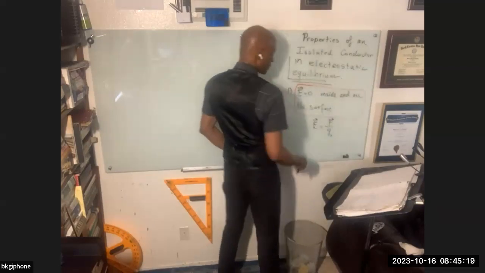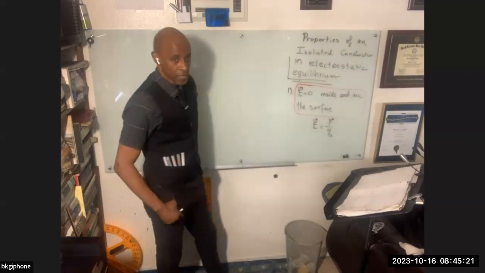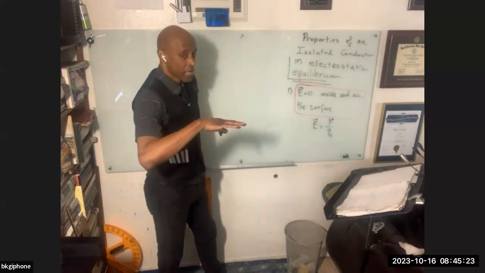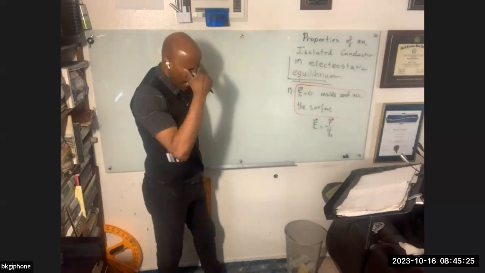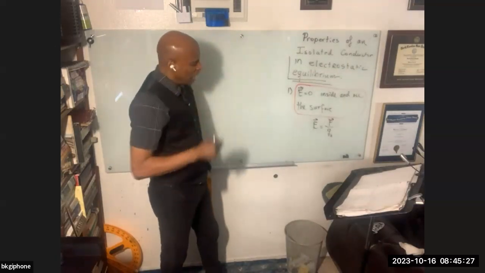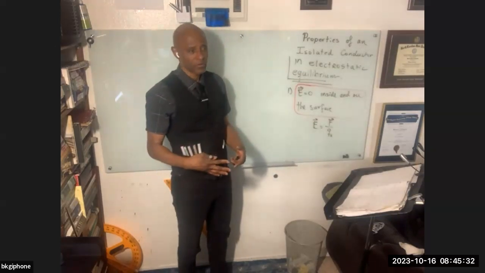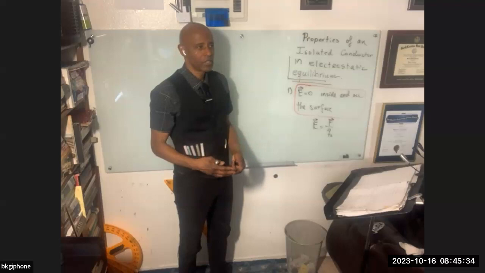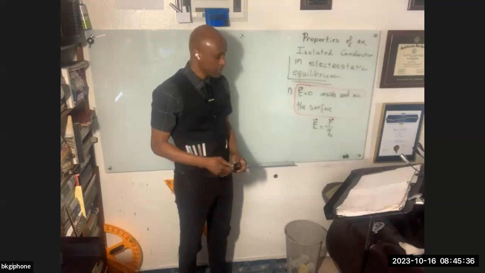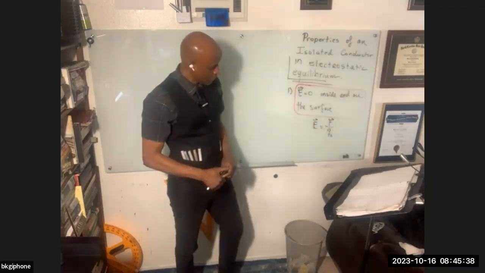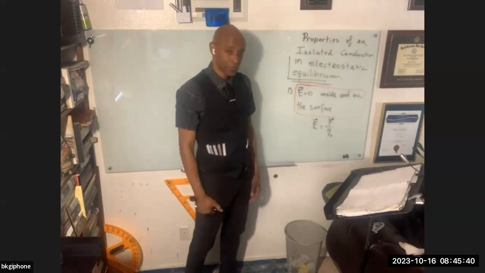So if there were electrostatic fields that would be allowed inside a conductor, that means that those fields, now these are external fields or net fields, just any field, then there would be forces associated with those fields.